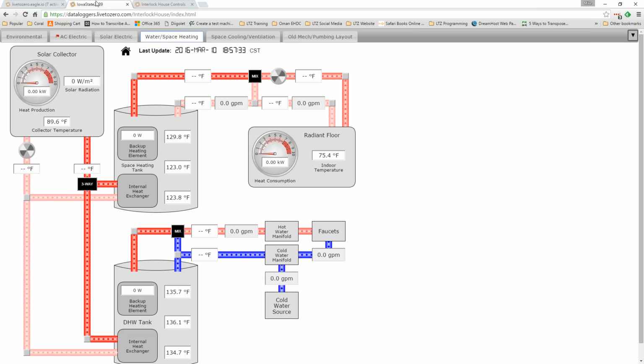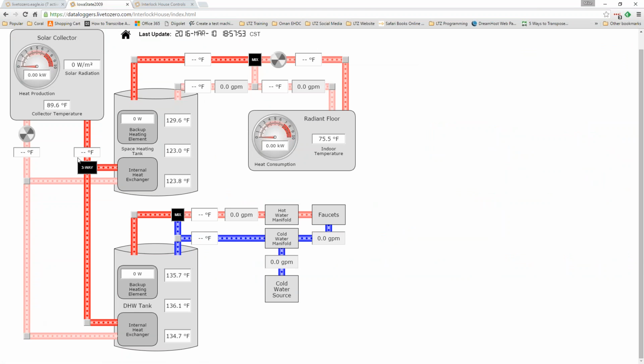and then the interface that shows the layout of the system. Right now you can see there's no sun, 0 watts per meter squared. The collector is still at 90, and this is the solar hot water heater. It's still at 90 because it's still cooling down from the heat from today.